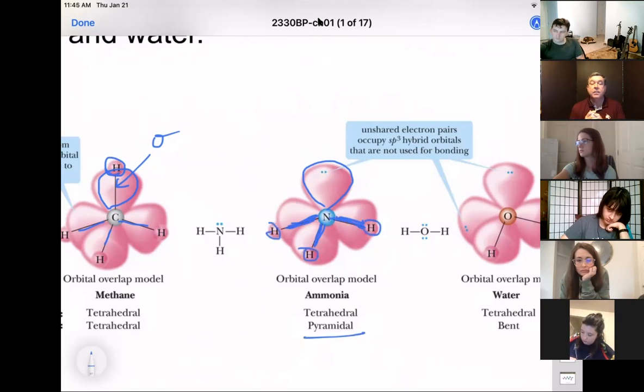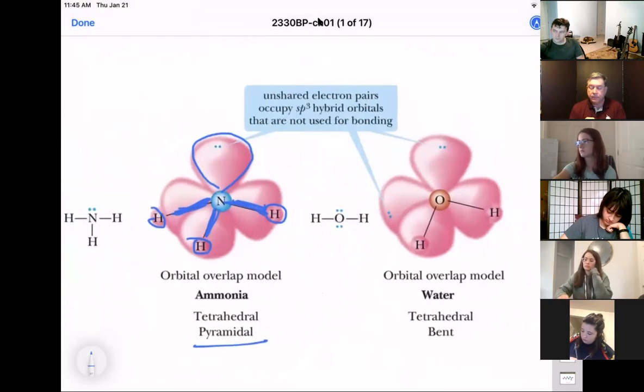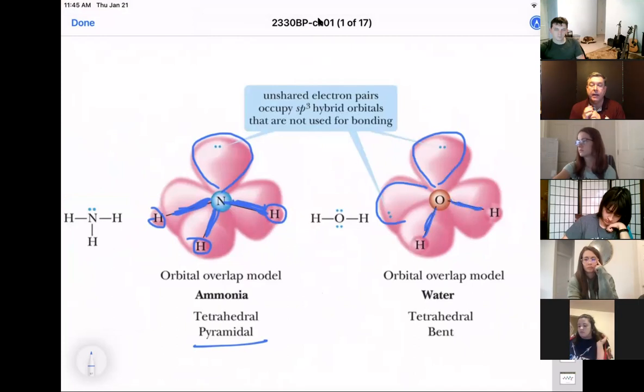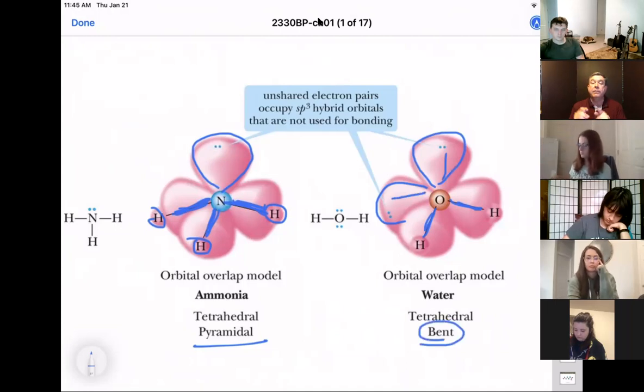Okay. And guess what? Oxygen also has sp3 hybridization, and we see that because if we have them spread out and we show that each of the lone pairs takes up one of these sp3 orbitals, and we overlap directly with hydrogen here to give us our sigma bond, electronically, we still have that tetrahedral shape, but molecularly, we only have the 2 bonds going to hydrogen, giving us a bent shape.